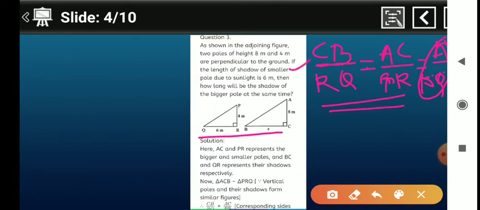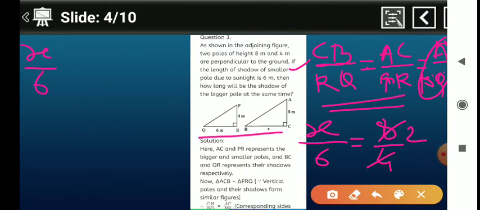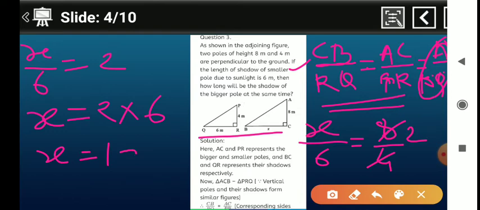So put values of this. CB is X, so write X upon RQ, which is 6, is equal to AC, which is 8, divided by PR, which is 4. So we can simplify this. 4 ones are 4 and 4 twos are 8. So we have X upon 6 is equal to 2, and therefore X is equal to 2 into 6, and therefore X is equal to 12.